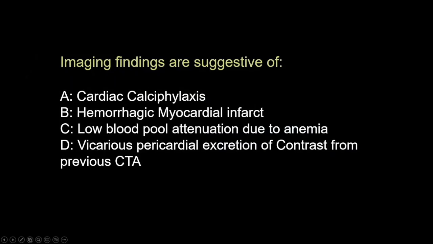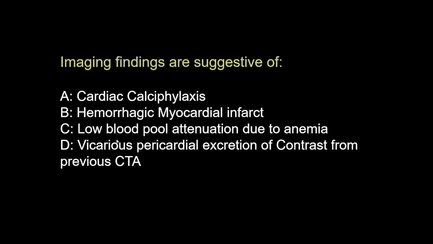Calciphylaxis is an entity that we can see in uremic patients, where there are calcium deposits. Sometimes you can see a low blood pool in anemia, and there you can also see differences in enhancement or attenuation of the myocardium versus blood pool. There can also be vicarious pericardial excretion of contrast from a previous CTA.